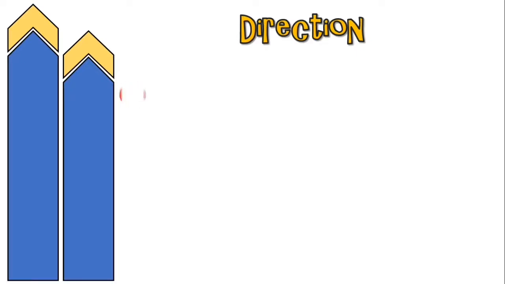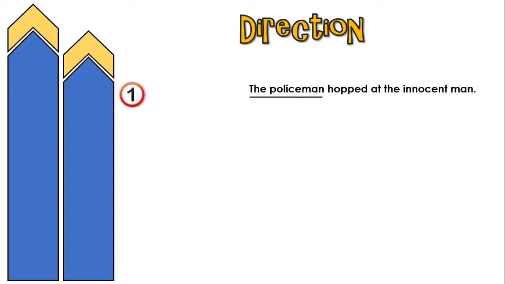For example, the policeman hopped at the innocent man. So in this sentence, the policeman is the subject of the sentence and the innocent man is of course the object of the preposition at.